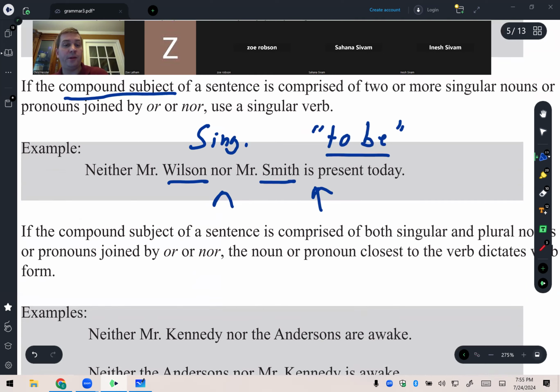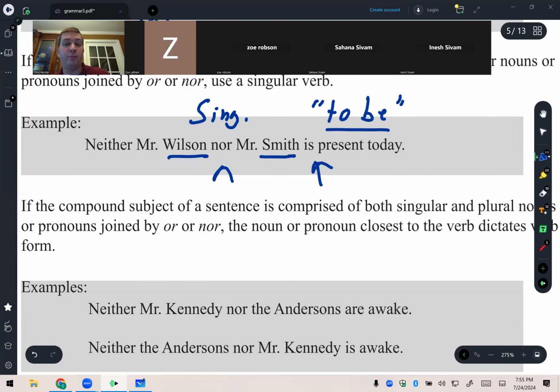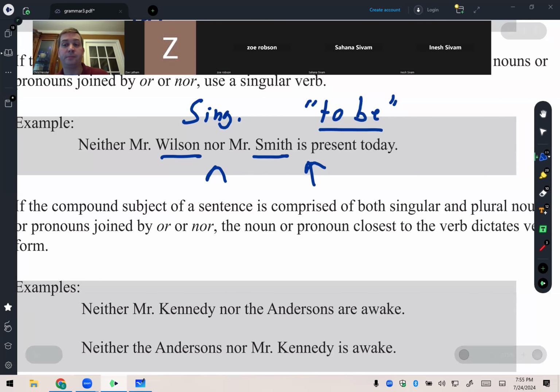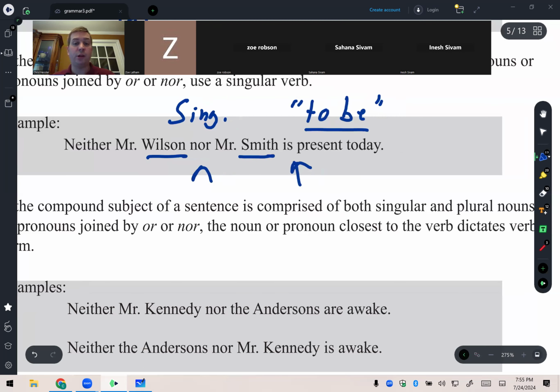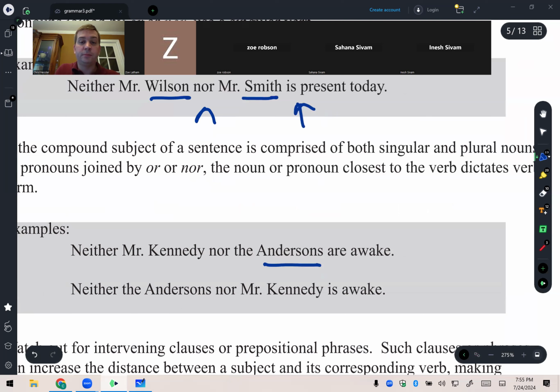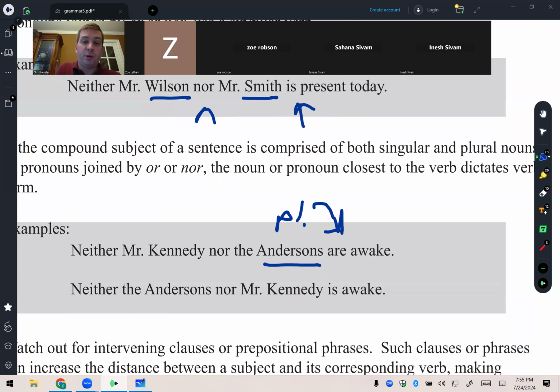What if we have a compound subject that is comprised of both a singular entity and a plural? Well, we use whatever is closest to the verb. So this is plural. Because the Andersons, they're plural, we use a plural form of to be. But if we reverse the sentence, in our first example, neither Mr. Kennedy nor the Andersons are awake.